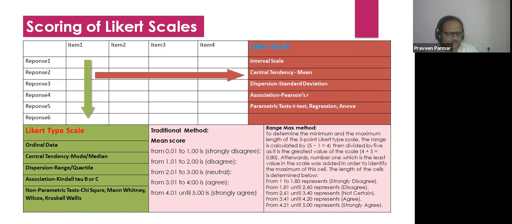Or after putting the questions in a questionnaire, you find out the reliability of the data, then you do a factor analysis, then you sort out the factors. That is a post-factor. Some questions belong to some factor and other questions belong to some other factor, and then we find out some score. We could get the sum of the values, or we could find the mean of those values horizontally.